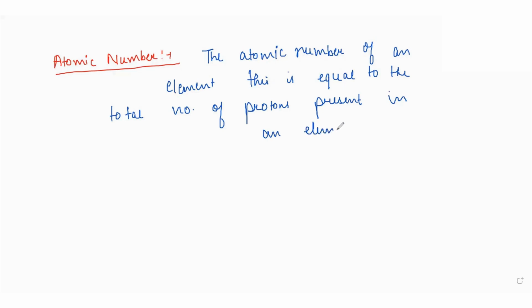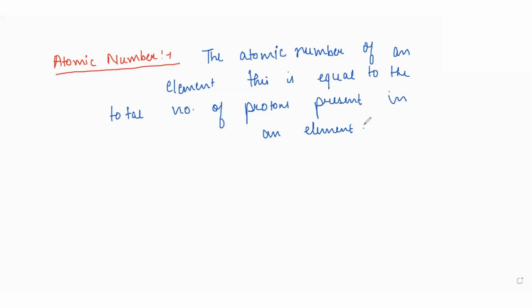And a neutral atom will have an equal number of protons and electrons. If any atom is neutral, like oxygen, nitrogen, fluorine, hydrogen, the number of electrons and number of protons will be equal.